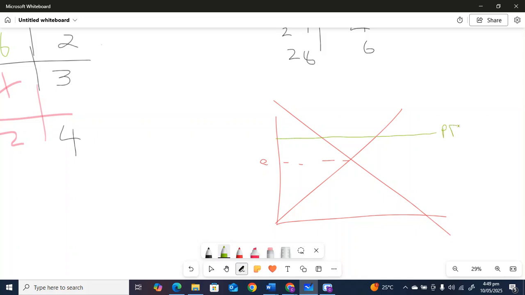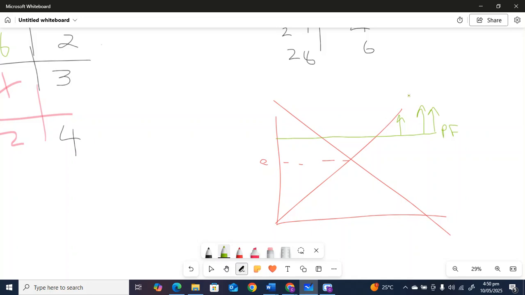And it's the minimum that can be charged. Since it's a floor, it means you can go above the floor, listen. So it's the minimum that can be charged. Now I was asking, who benefits more from a price floor? The producer, yes. The producer is the one who benefits.